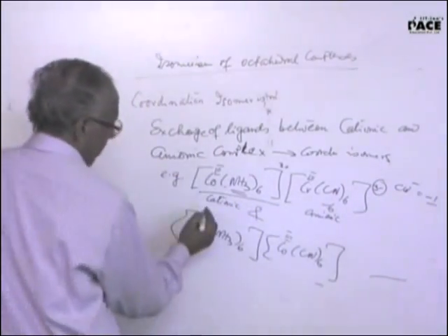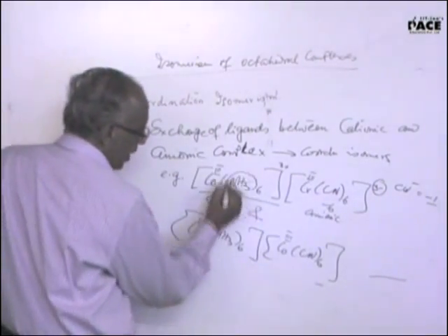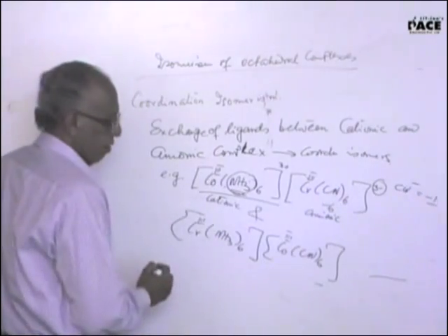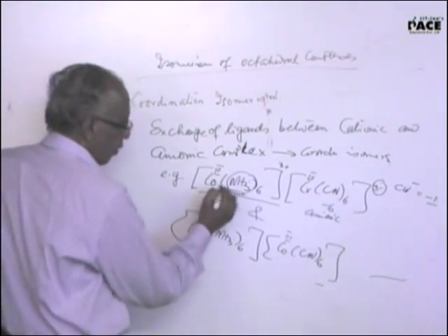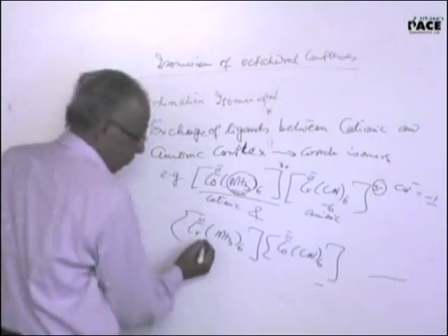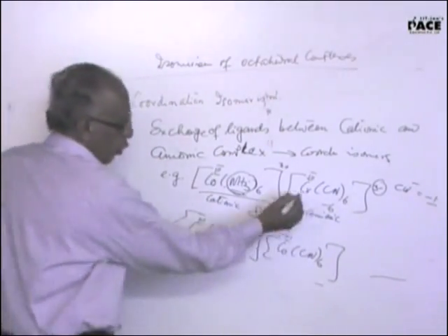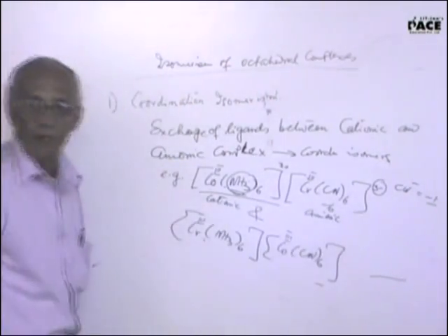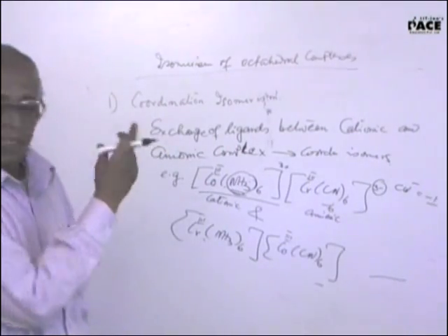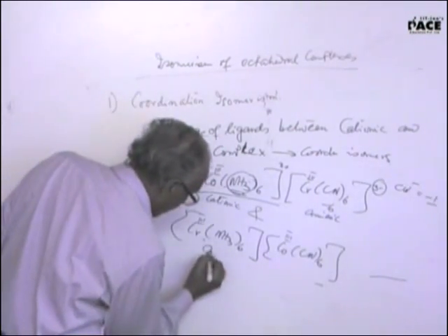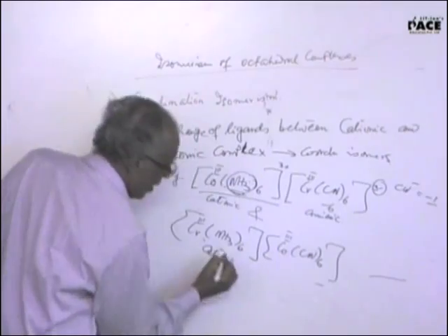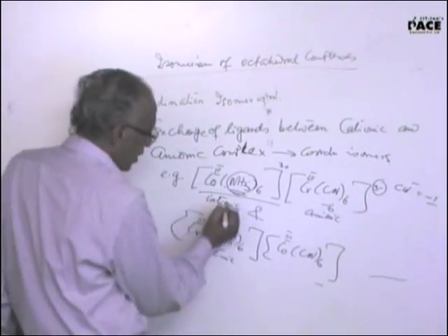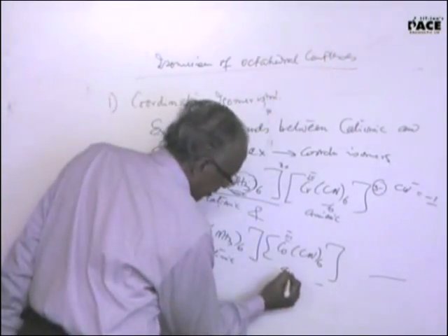Now what has happened? The ammonia has exchanged from cobalt and has gone to chromium. So chromium, which formed an anionic complex, now forms a cationic complex. And cobalt, which was cationic, now becomes anionic.